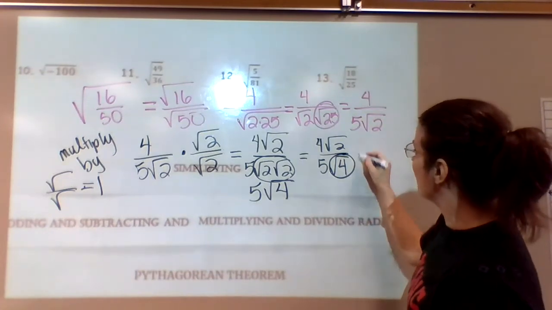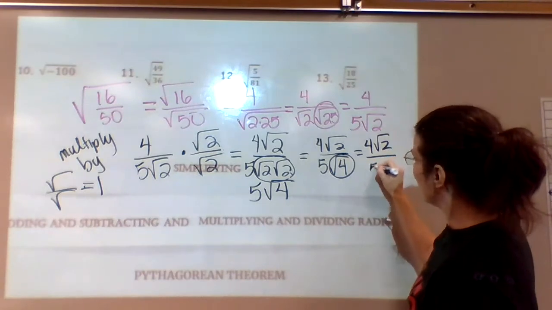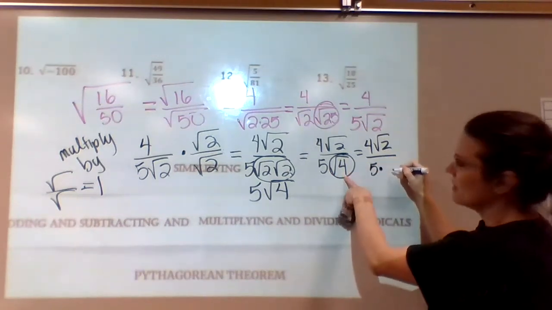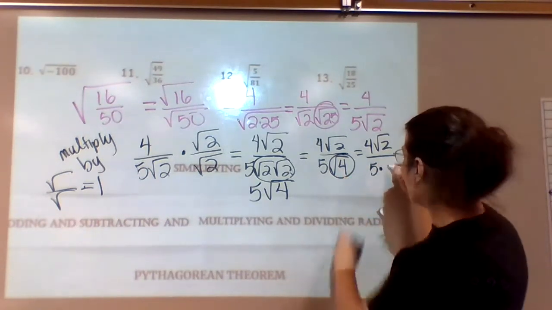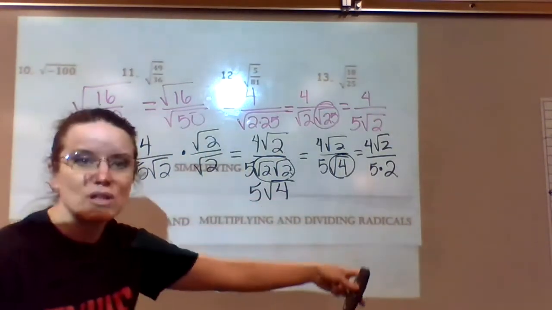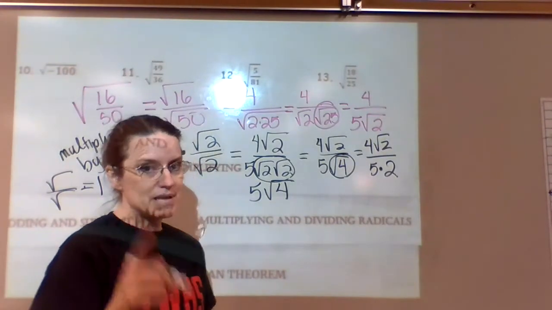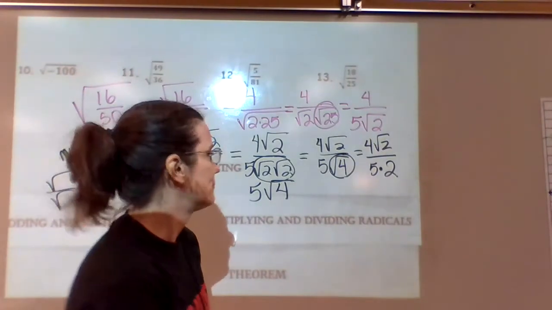And so now I have 4 root 2 over 5 times, and what is the square root of 4? Oh yeah, it's 2. Oh, Mrs. Cerna, this is taking so long. Sometimes things take a long time, but they're not intended to be hard. They're just annoyingly long.